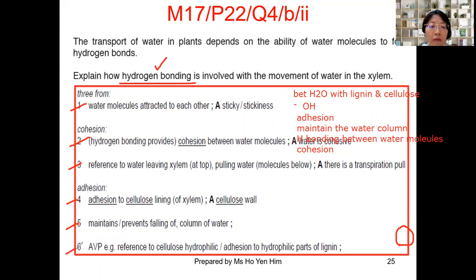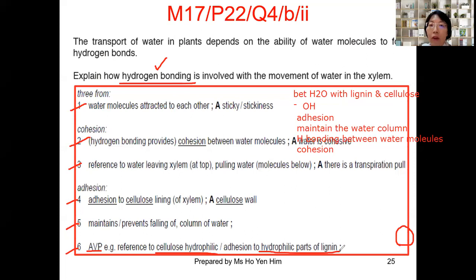Okay, so AVP means any other valid point, means give more detail. Like for example, I said the water molecules form hydrogen bonds with the OH in cellulose and lignin. So here they say, for example, reference to cellulose is hydrophilic and reference to the hydrophilic parts of lignin. So the moment you say hydrophilic, hydrophilic means water loving.